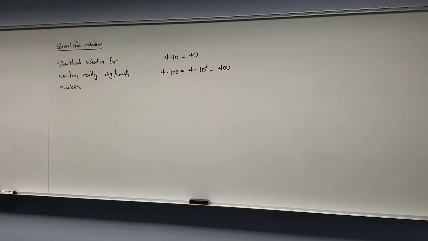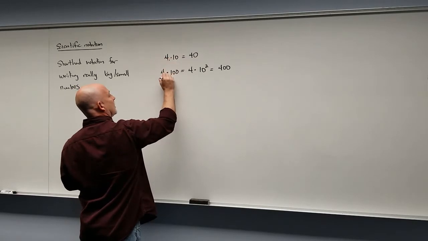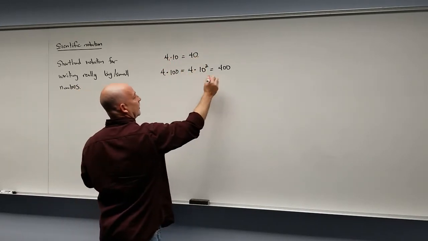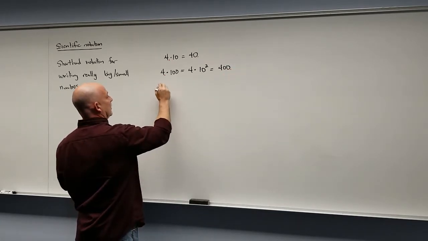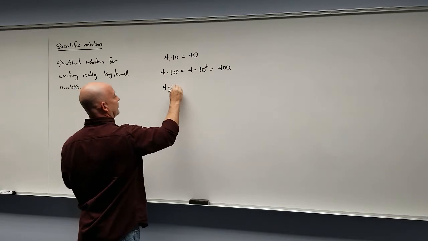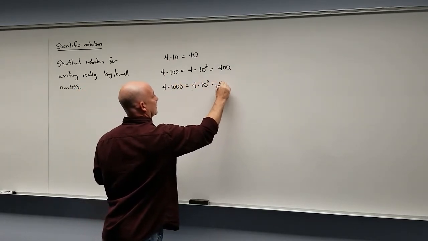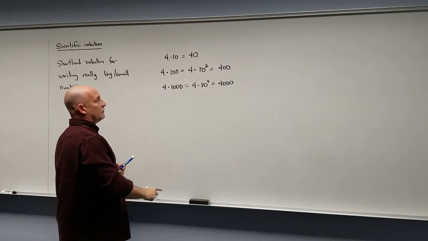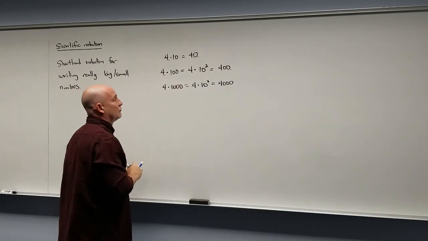Our decimal place originally for the 4 was right here. When we multiplied by 10, the decimal place moved 1 to the right. When we multiplied by 100, it moved 2 to the right. If we did 4 times 1,000, which would be 4 times 10 to the third, that is 4,000. It moved the decimal over 3 places. So you see, when we multiply by powers of 10, all we're doing is shifting the decimal place.